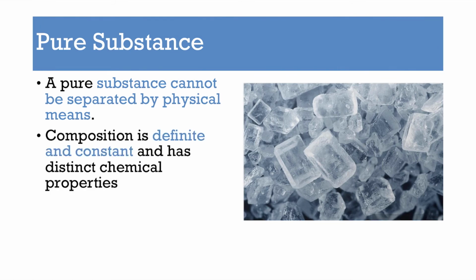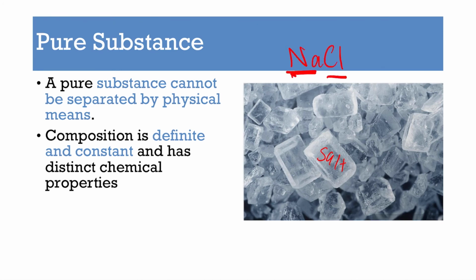And so here the composition is definite and constant and has distinct chemical properties. So if we think back to our fruit salad example, I might make fruit salad differently from the way you might make fruit salad, and that might be different from the way you buy fruit salad, but it's still fruit salad, so the composition can vary. But here we have some salt, and salt is NaCl.